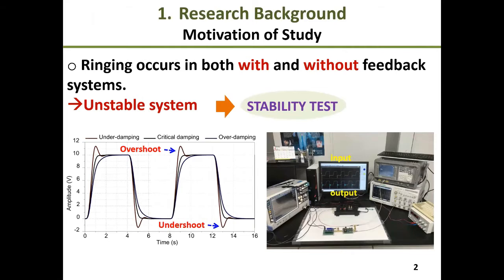The motivation of this work. As you know, ringing occurs in both passive and active networks, or in both feedback and non-feedback systems. Ringing is an unwanted oscillation of a voltage or current, that we call extra current flow.